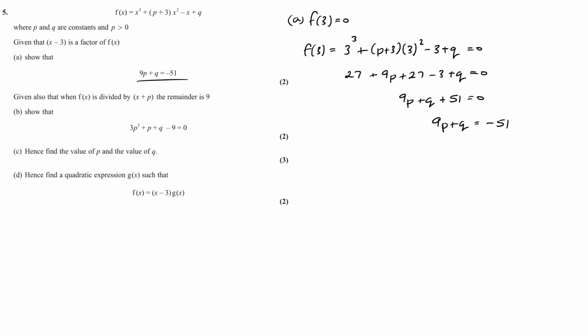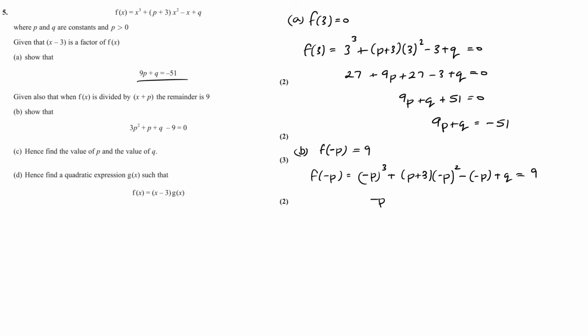Given also that when f of x is divided by x plus p, the remainder is 9. Show that. So part B: f of minus p, so we substitute minus p in, and that's going to give me 9. So f of minus p is minus p cubed plus p plus 3 times minus p squared minus p plus q equals 9.